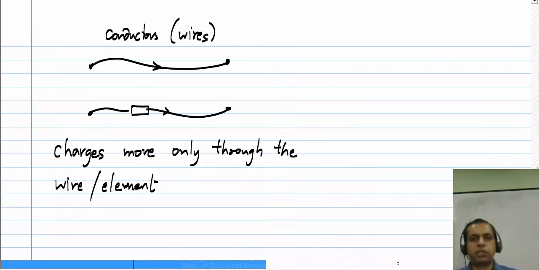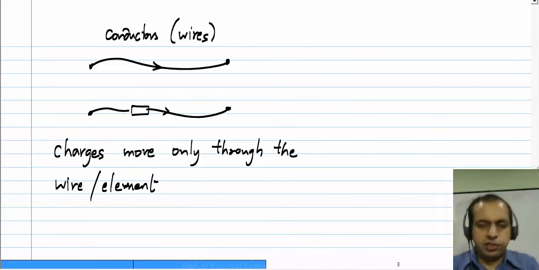Now there will be some advanced circuits in which this may be of concern, but most of the circuits can be dealt with by completely ignoring how the charges are distributed across the surface of the wire through which the charges are flowing, and considering only the total charge flowing through the wire. So like I said earlier, if you ignore the spatial extents of the problem, spatial distribution of charges or fields, things become immensely simple compared to problems in electromagnetics.